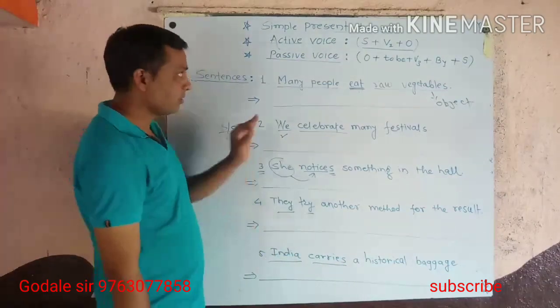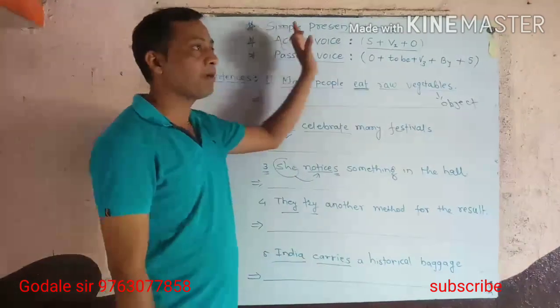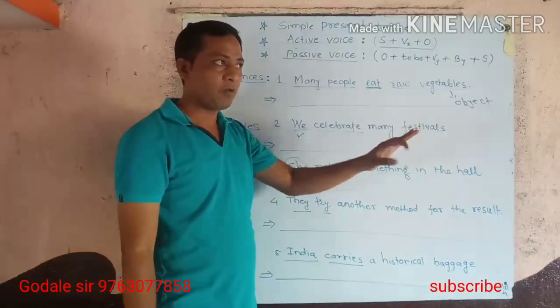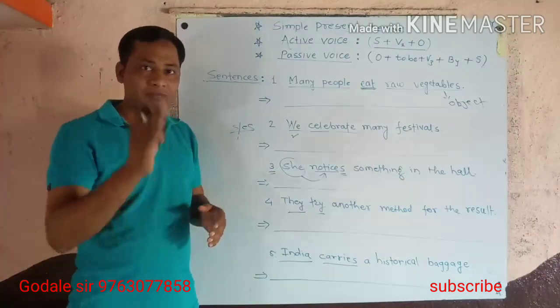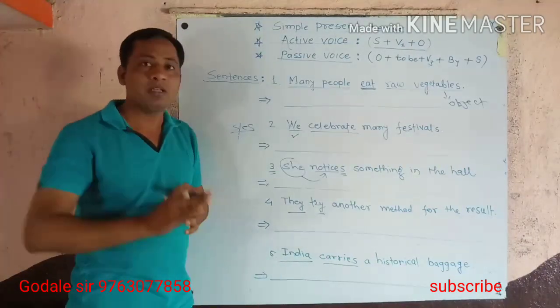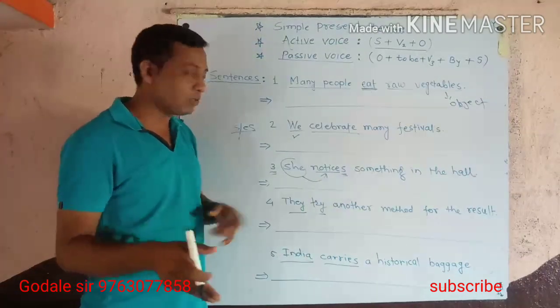That means I just gave you a simple introduction to the simple present tense. While speaking and while writing, you have to keep in mind that if the subject is in singular form, then you have to give s or es to the main verb.